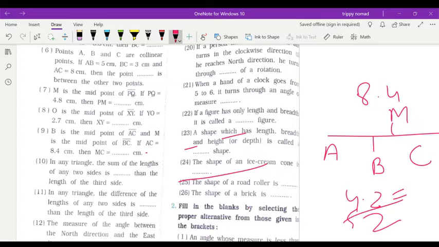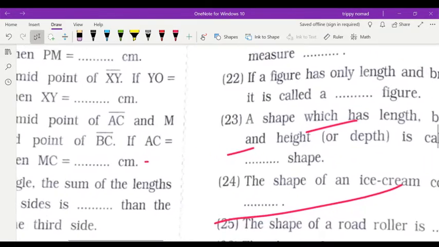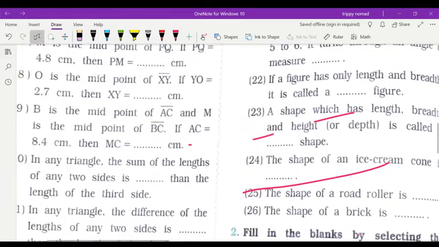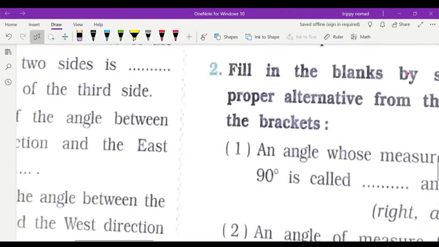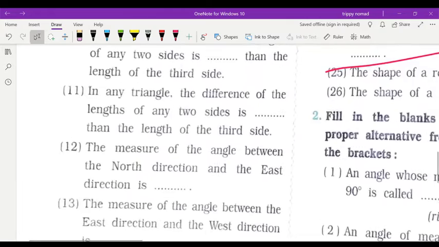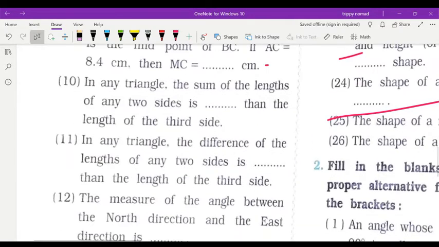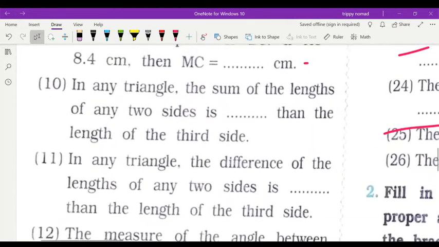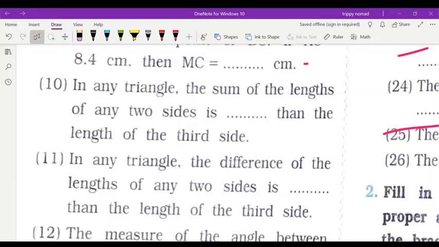So now we are going to proceed to question number 10, children. Up to 9, we have done all the questions related to line segments and midpoints of line segments.